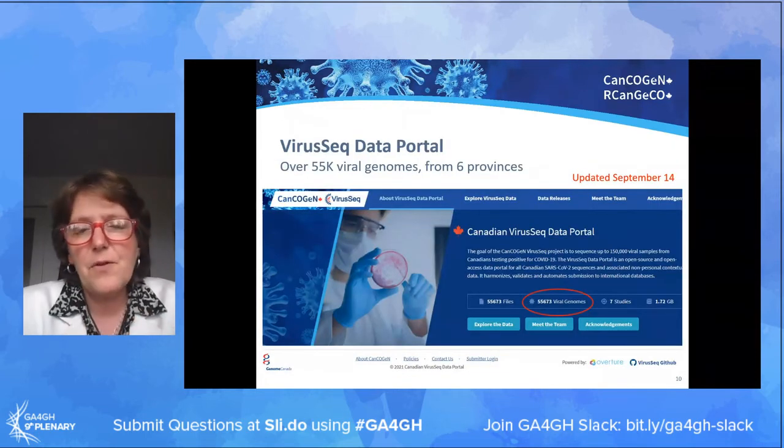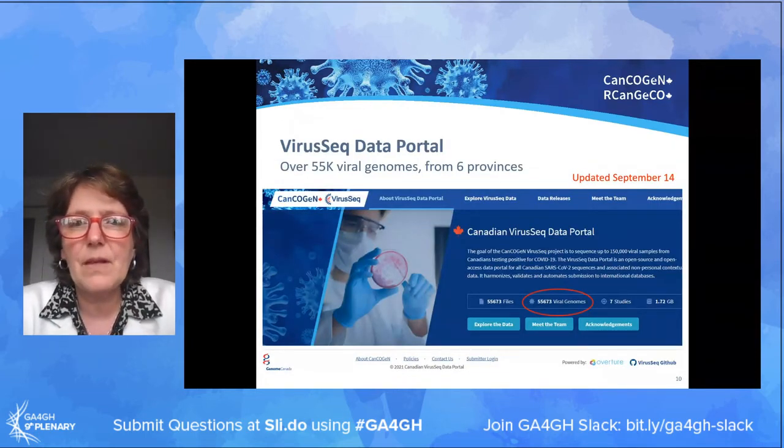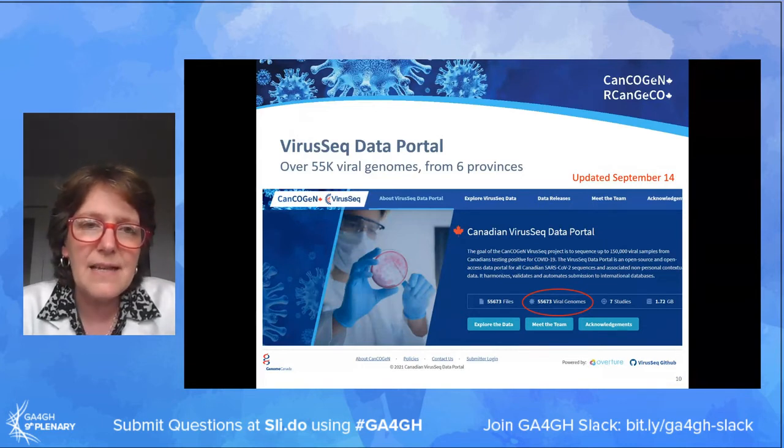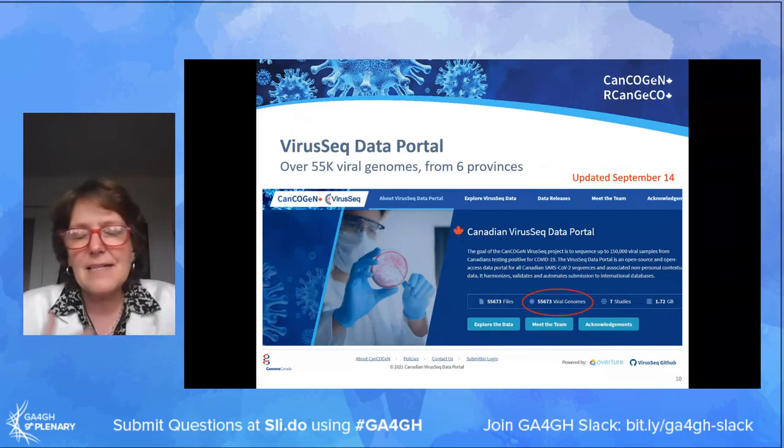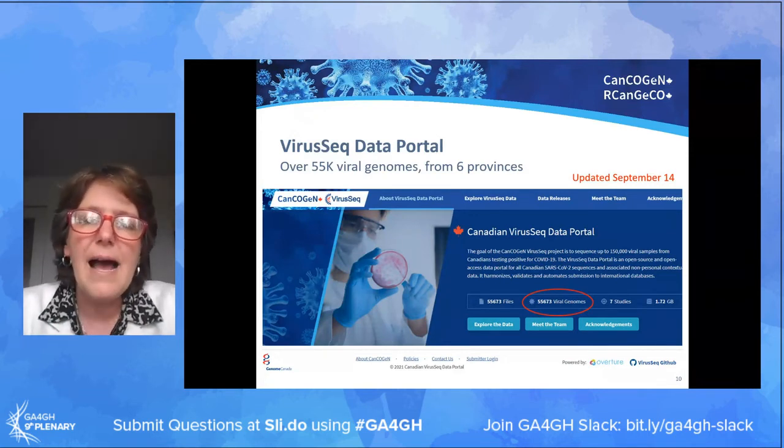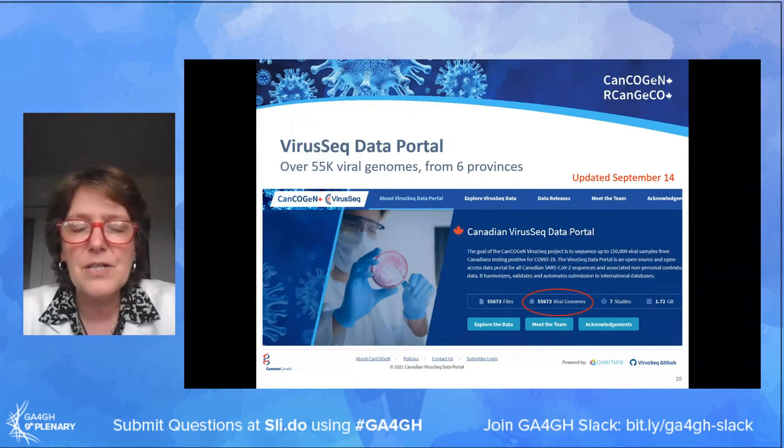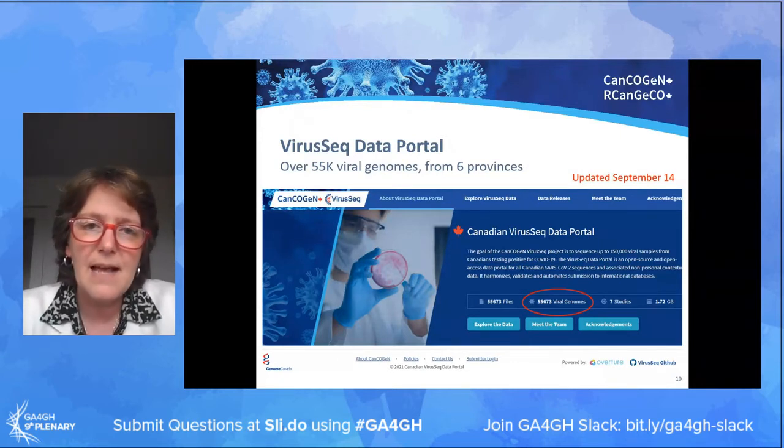One of the challenges for us was that accessing data through GISAID was problematic for some of the partners in Canada, and we didn't have access to some of the raw data we wanted to have. We also wanted to provide an easy way to access the data for Canadian academic partners that were ready to use it.